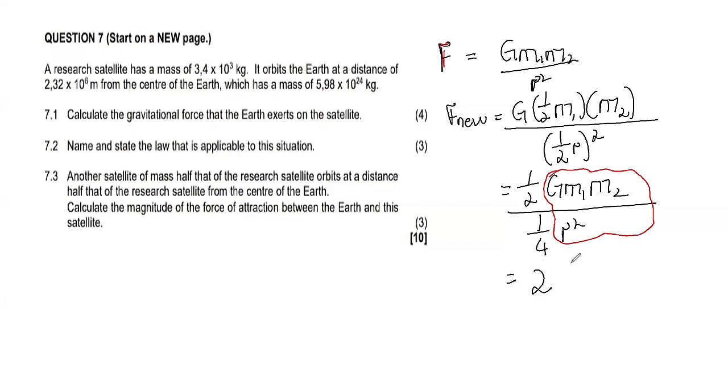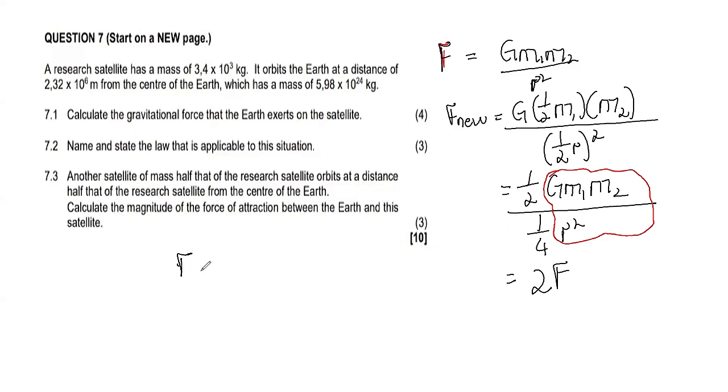So that means it's twice F, meaning that if we halve the mass of the satellite and also halve the distance between the satellite and the Earth, we will have twice the gravitational force, right? So we'll have twice the force of attraction between the Earth and the satellite. So halving the mass and halving the distance results in twice the force of attraction.